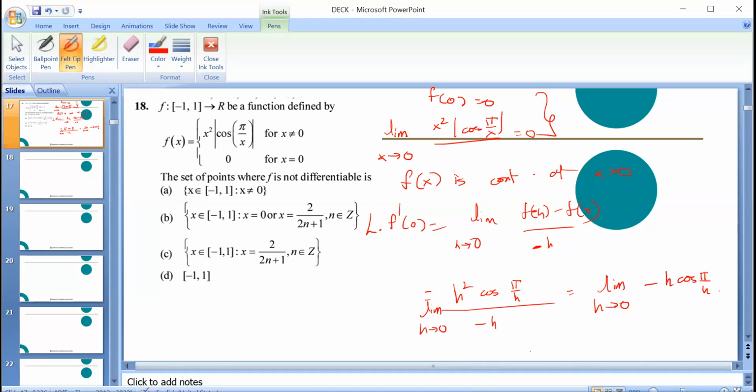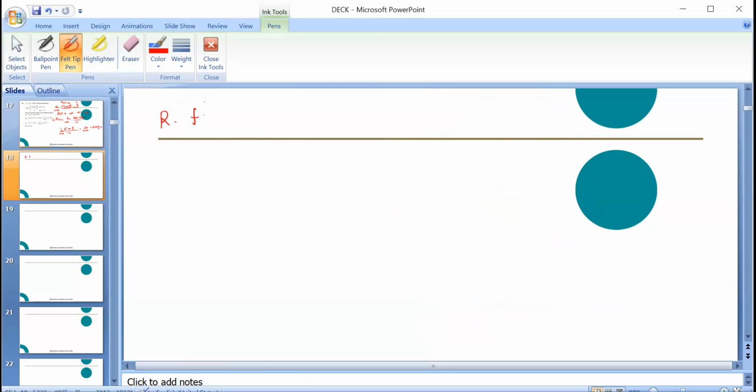When you put h as 0, this left limit you are getting, left derivative. Now we will find right derivative. Similarly, you will get this also as 0. That means f is differentiable and continuous at x equal to 0.